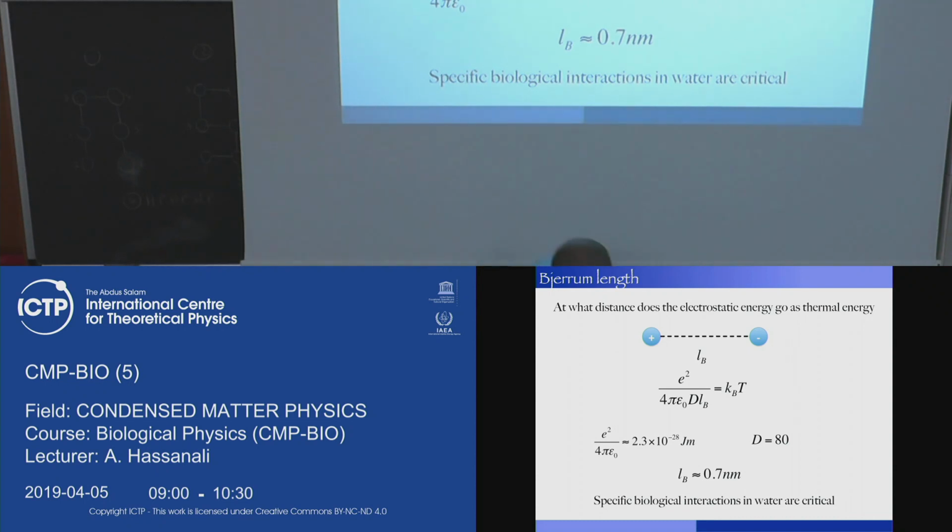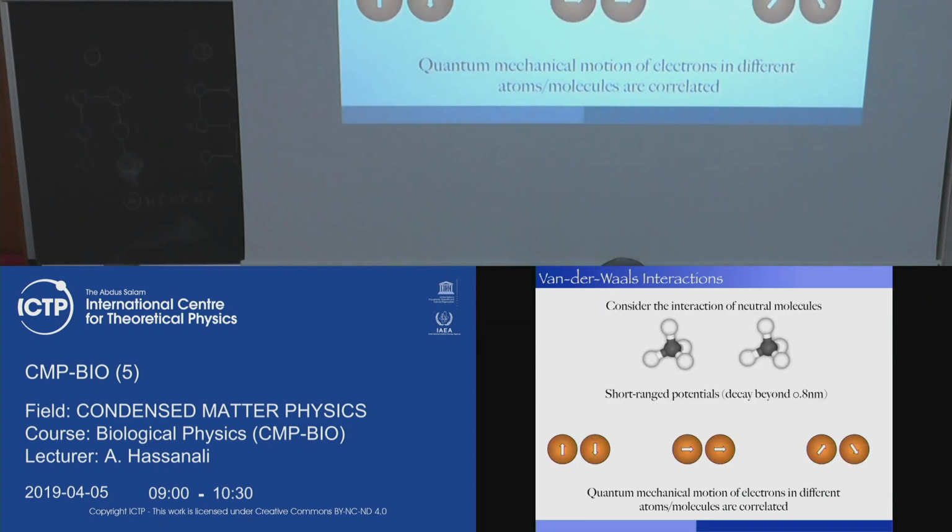So that was one thing. We've also discussed this at length; I'm just reminding you again. Van der Waals interactions are also important in biological systems. Van der Waals interactions are very weak, but when you have many of them, they can all collectively add up.